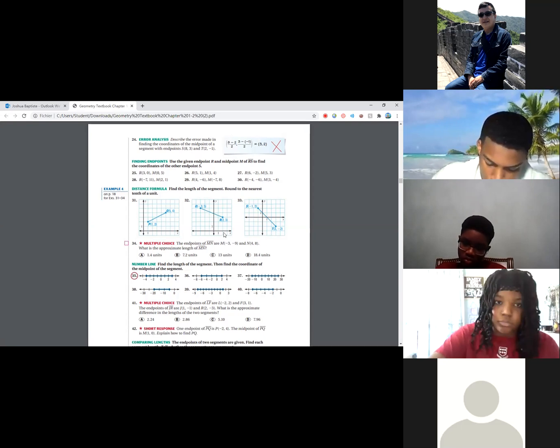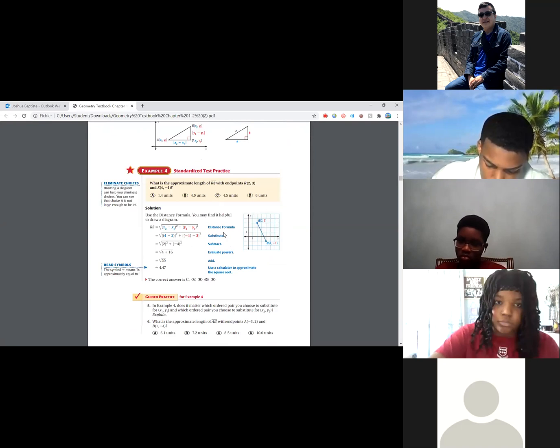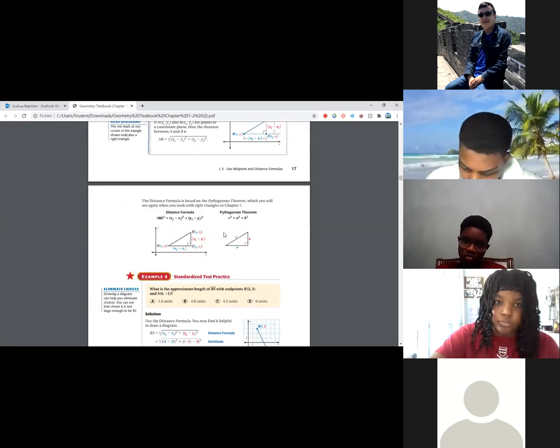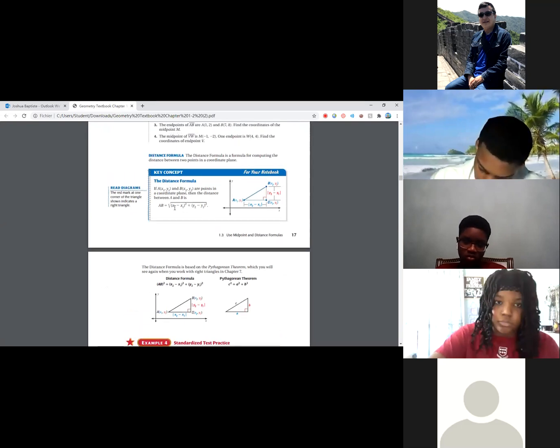I'll show you the distance formula. Yeah, so the distance formula, you subtract one x coordinate from the other, square it, and then do the same with the y, and then add them together and find the square root.